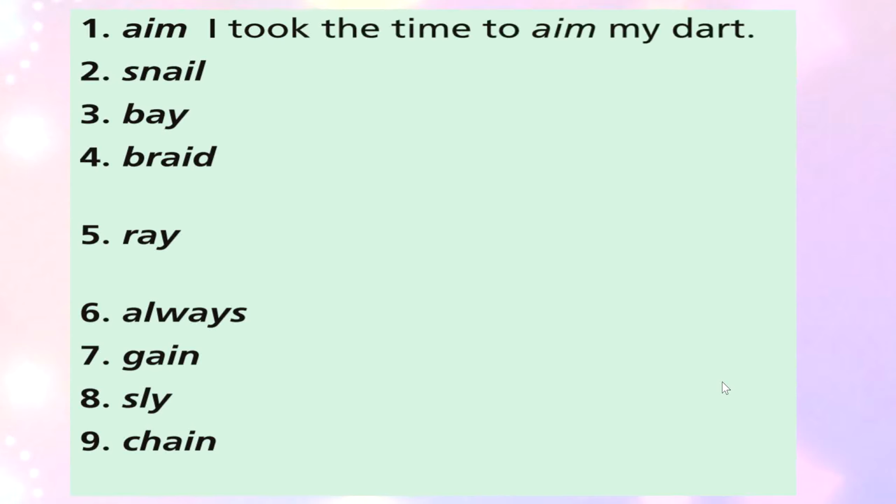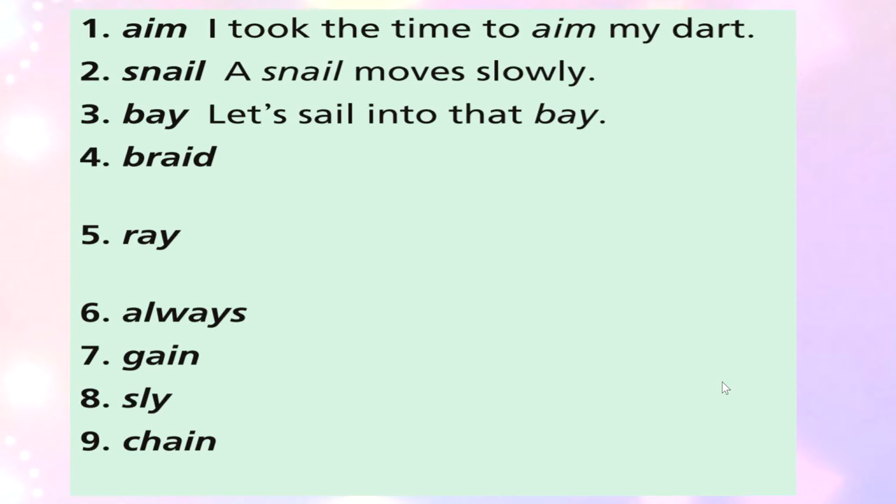Now let's read some sentences with the basic spelling words. Read after me, please. Aim. I took the time to aim my dart. 2. Snail. A snail moves slowly. Bay.